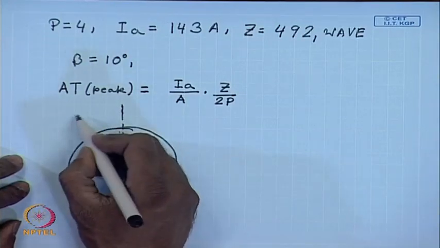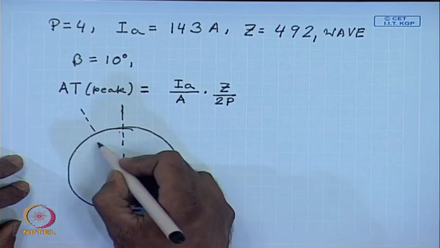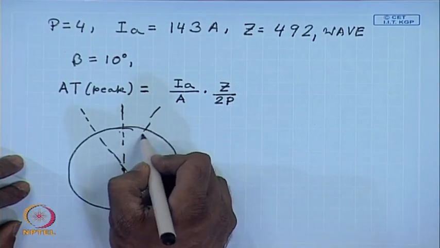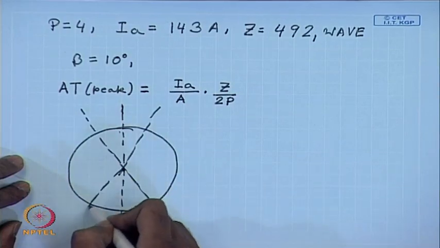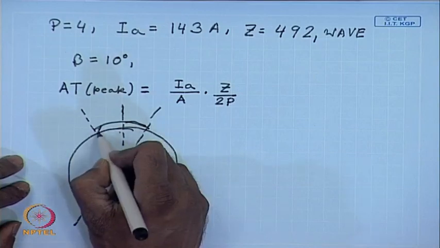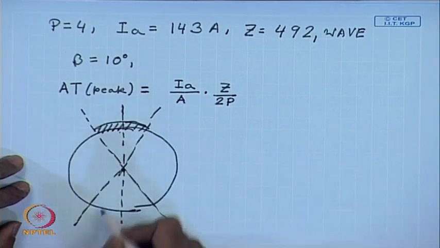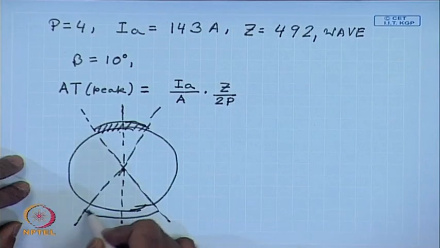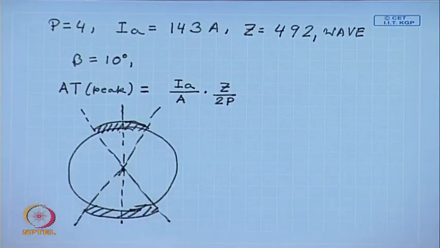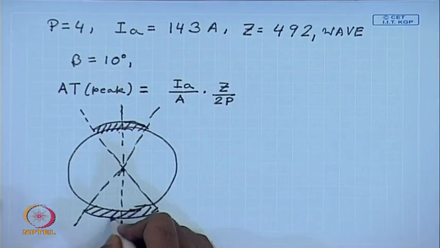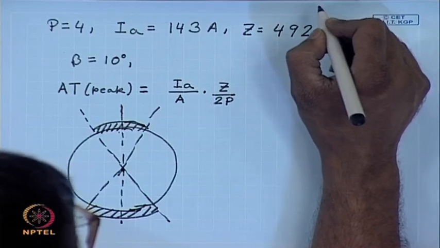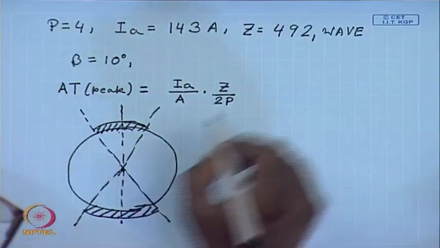If I give a phase lead of the brushes of beta, we have seen earlier that all the conductors inside the angle 2 beta produce demagnetizing ampere turns.